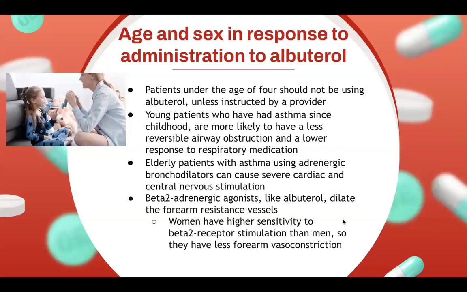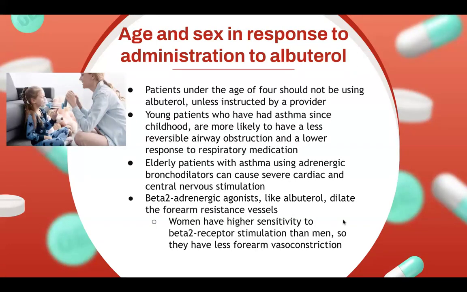So, age and sex differences in the response to administration of albuterol. Patients under the age of 4 shouldn't be using albuterol unless a provider says so. As mentioned before, if a patient has been diagnosed with asthma since childhood, they're more likely to develop a less reversible airway obstruction and later a lower response to the respiratory medication.